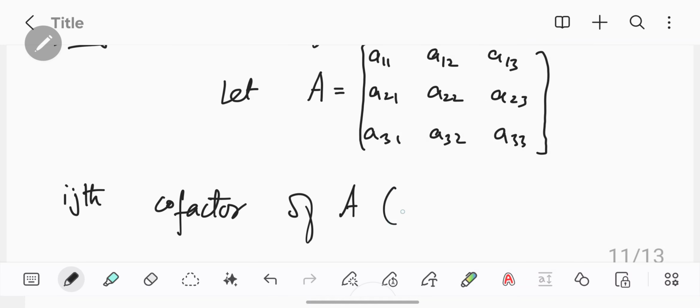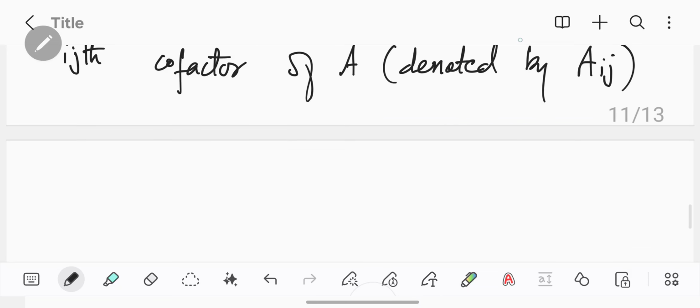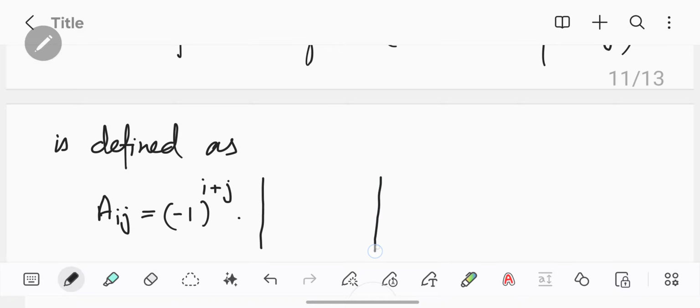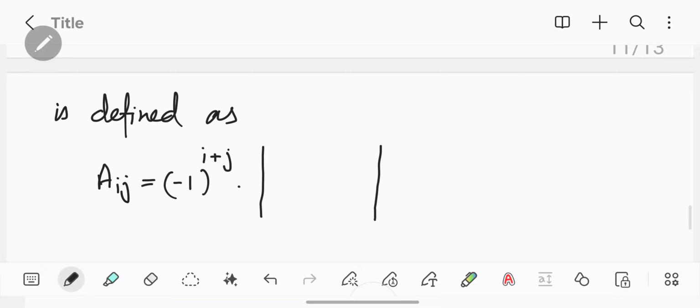The ijth cofactor of A, usually denoted by Aij, is defined as minus 1 to the power i plus j times the determinant of the submatrix, which is obtained by deleting the ith row and jth column.